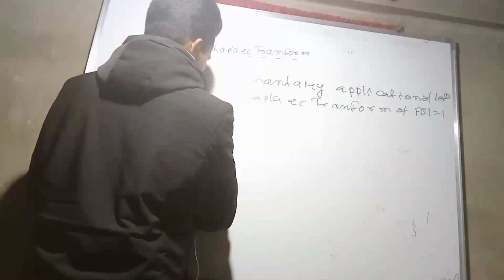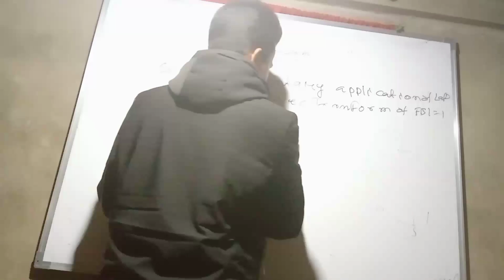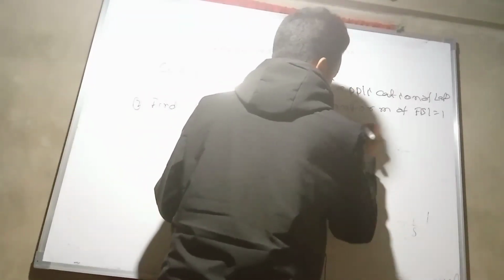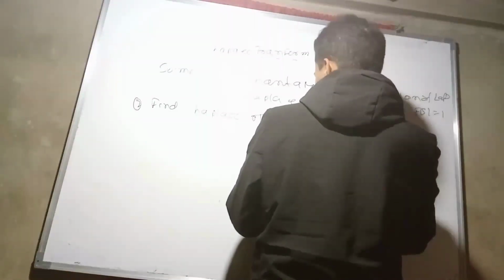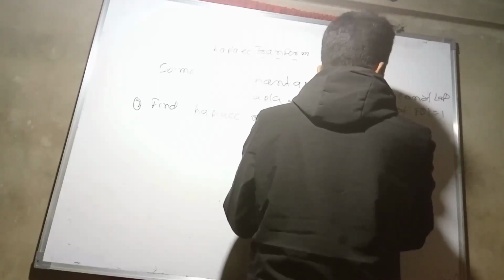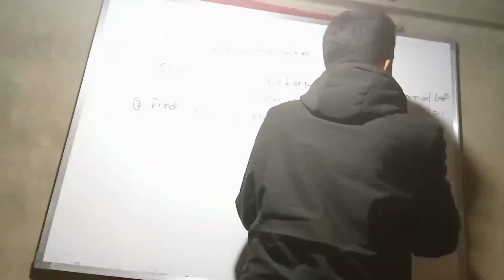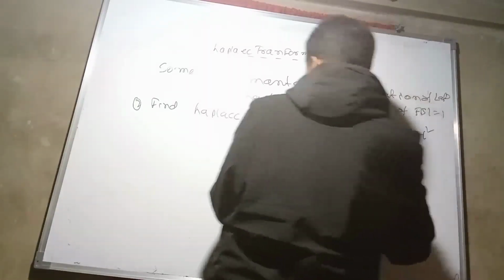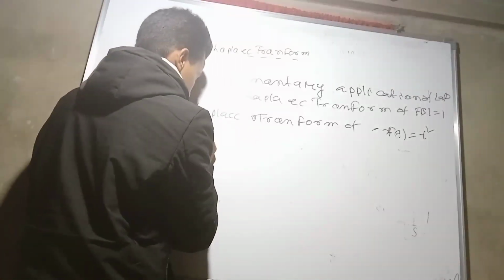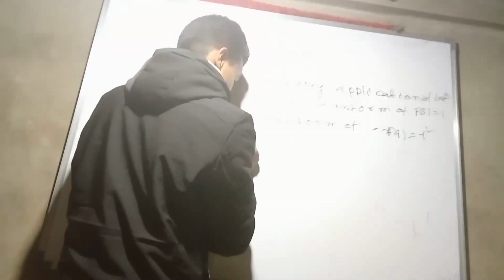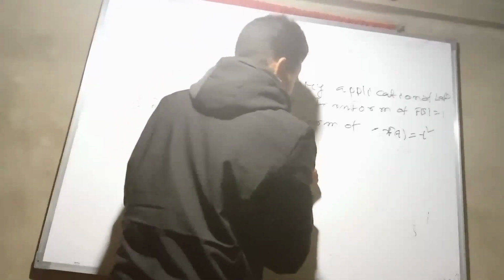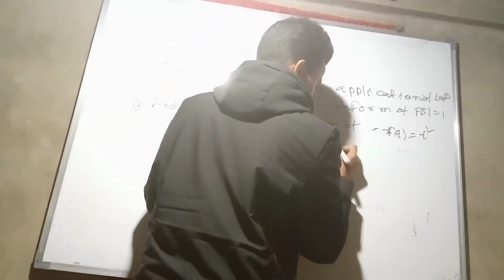Find the Laplace transform of f of t equal to t square. We know the Laplace transform of f of t is the integral from 0 to infinity of e to the power minus st f of t dt.